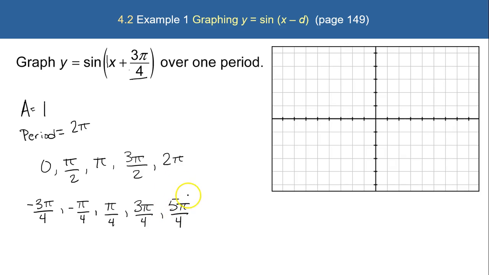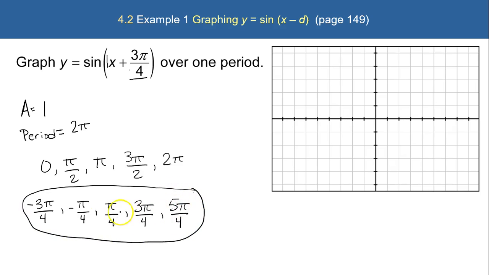Okay, so this right here is our 1 full period applied with our phase shift, which is shifting it over in the negative direction, so to the left, 3 pi over 4 units. So everything that was here has moved over.